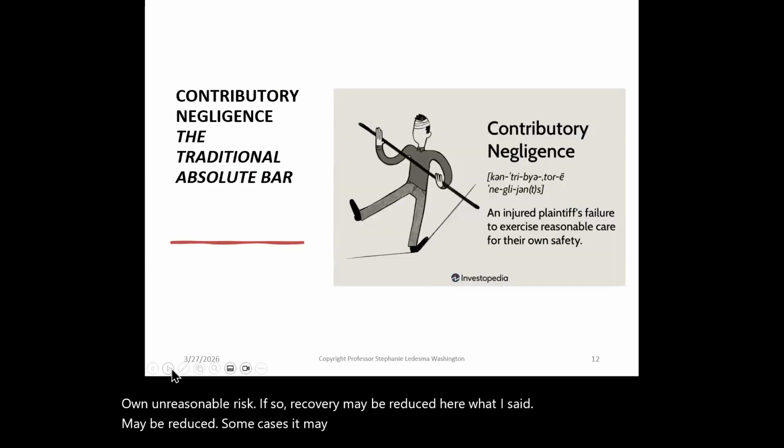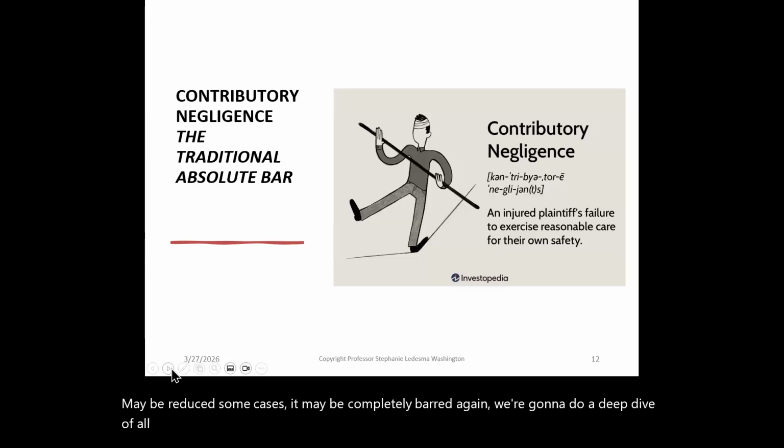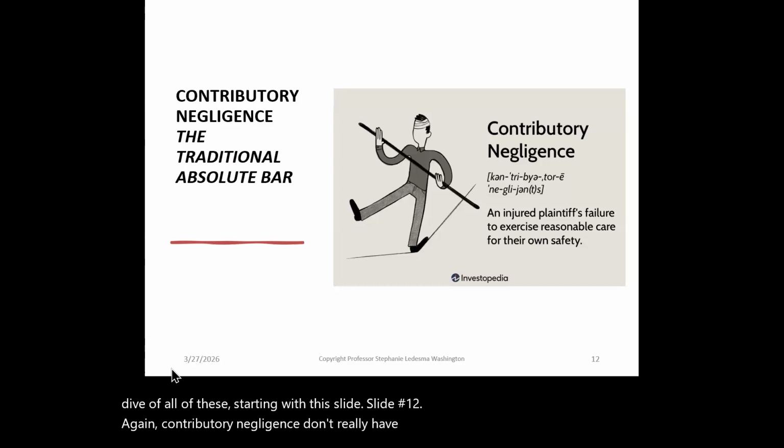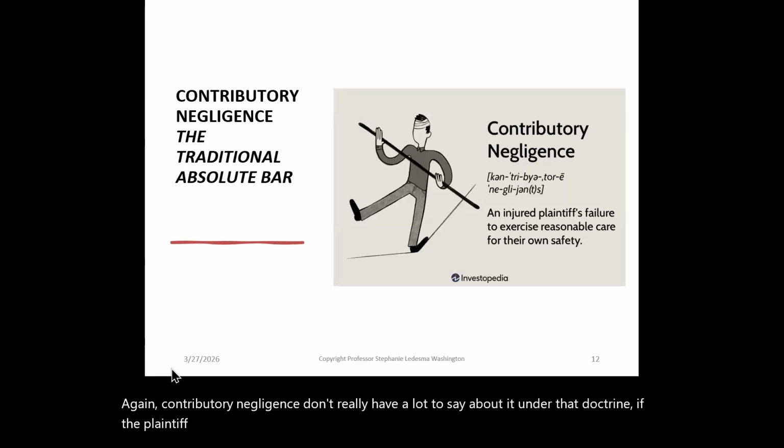Again, we're going to do a deep dive of all of these, starting with this slide, slide number 12. Again, contributory negligence, I don't really have a lot to say about it. Under that doctrine, if the plaintiff was negligent at any level, and that negligence contributed in any way to their injury, recovery was barred.